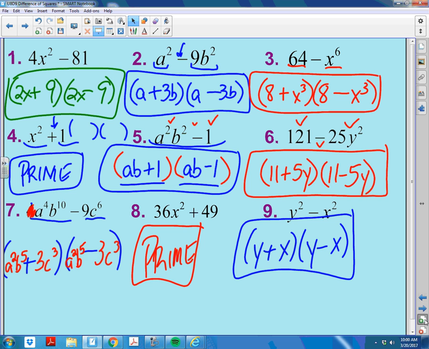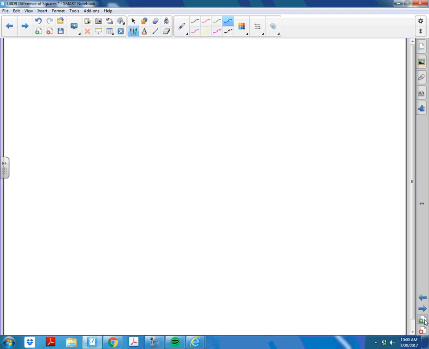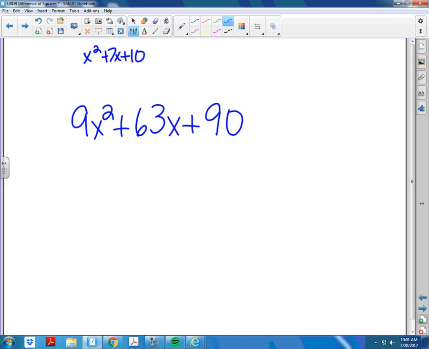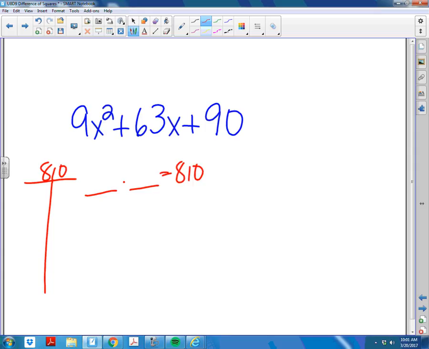If you have 9x squared plus 63x plus 90, and I said I want you to factor this, I do not want you to instantly do 90 times 9 and find the factors of 810, so that you're going something times something equals 810 and something plus something equals 63.